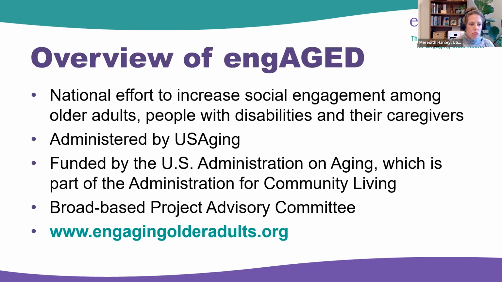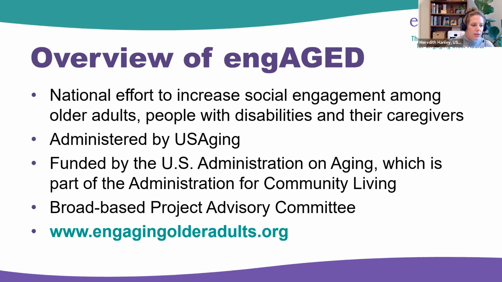This webinar today is convened by Engaged, the National Resource Center for Engaging Older Adults. US Aging administers Engaged. Engaged is a national effort funded by the Administration for Community Living through a cooperative agreement, and Engaged works to increase the social engagement of older adults, people with disabilities, and their caregivers. Much of our work focuses on identifying and disseminating information about emerging trends.